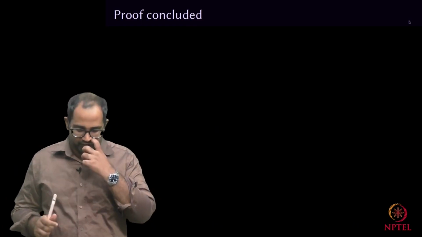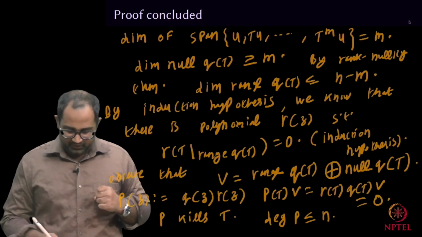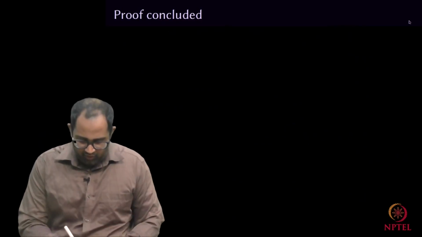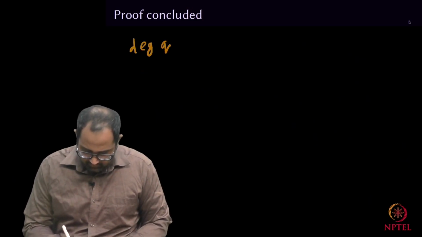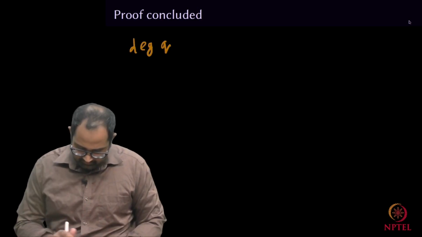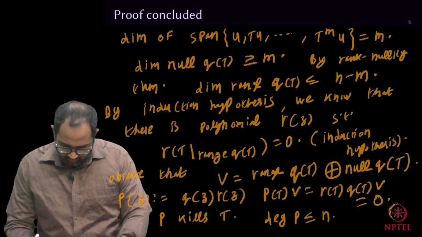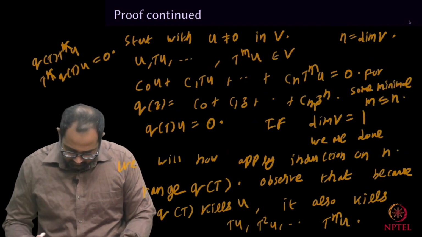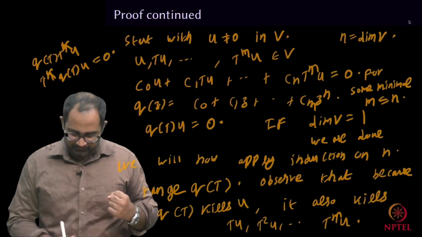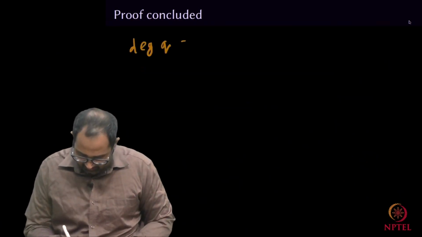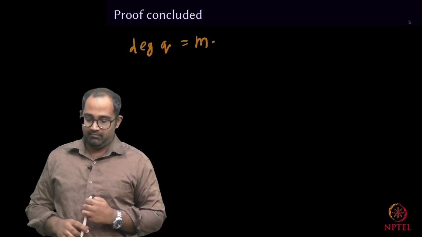Let's continue the proof. We have to show that the degree of p is less than or equal to n. Okay. Now what do we know? We already know that the degree of q is, what was the degree of q? It was, let me just see, the degree of q was exactly m.